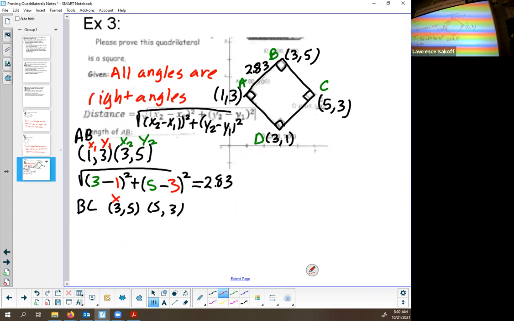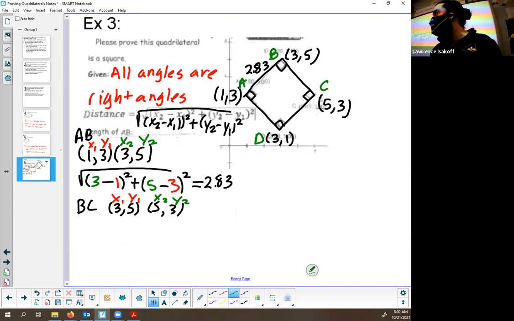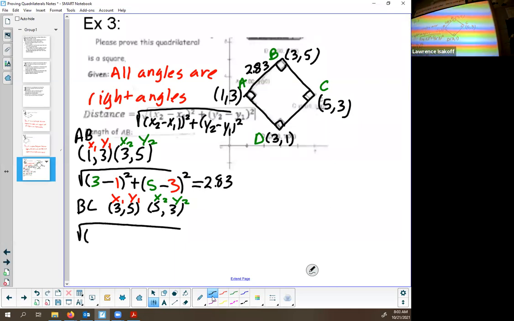Then I can label it x1, y1, x2, y2. I'm going to just take the time to plug in. So this is again going to be the square root of x2. That's 5 minus x1, which is 3.